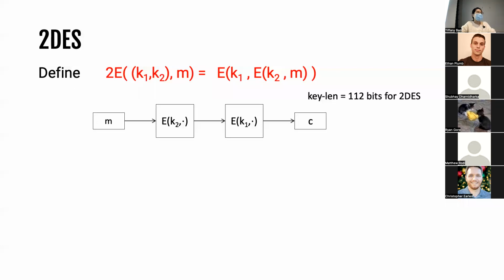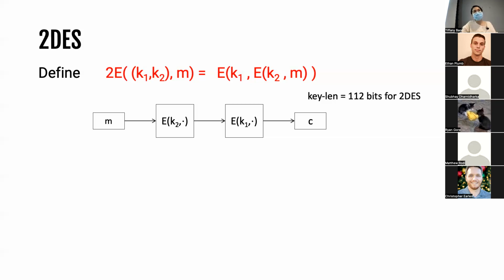Suppose that we have 2 keys, K1 and K2, each of the keys 56-bit, okay? And the way that it works is that we're going to start with a plaintext, which is M. Starting from that plaintext, we first encrypt it, so we get a one-time encrypted message.